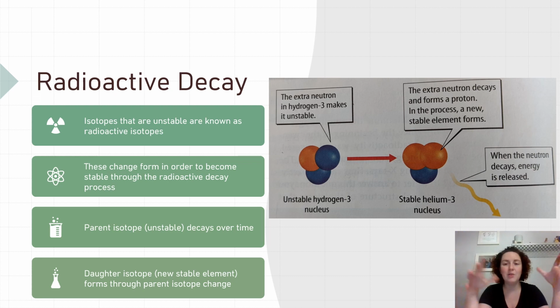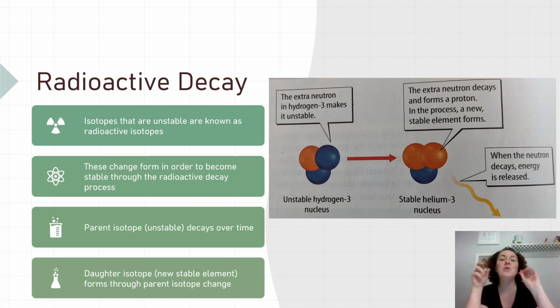Now, I want to explain this diagram for you quickly. Energy can neither be created nor destroyed. So once that energy moves into changing that neutron into a proton, there's other energy that has to go out into no man's land.